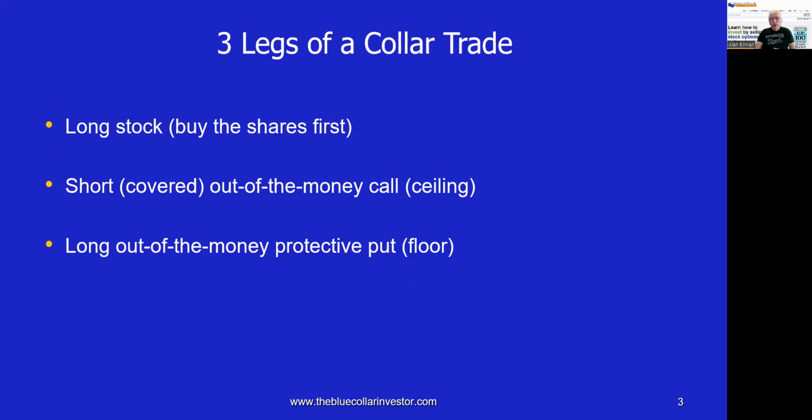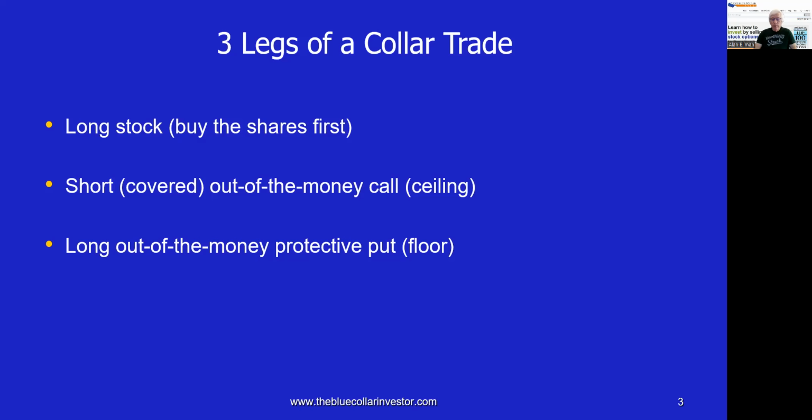So what are the three legs of the collar trade? Well, number one, we long the stock. That's the first thing we do. We buy the stock. That will put us in a covered or protected position. Now, the covered call we sell is out of the money, higher than the current market value of the stock. So we're agreeing to sell our shares for a higher price than we paid for the shares, or that the shares were trading at the time of the collar trade.